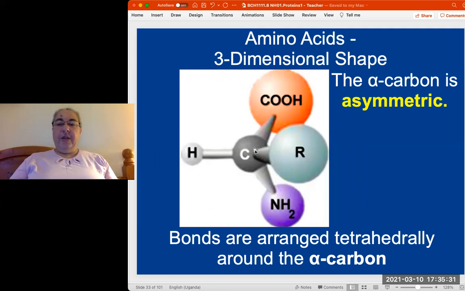And I hope that you can see, because it has 4 different things attached to it, the alpha carbon has 2 different ways that these different groups could be arranged around it. That is described as being asymmetric. So the bonds to the groups around the alpha carbon in an amino acid are asymmetric.